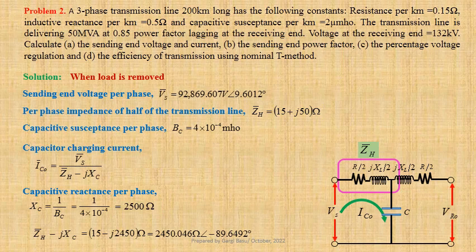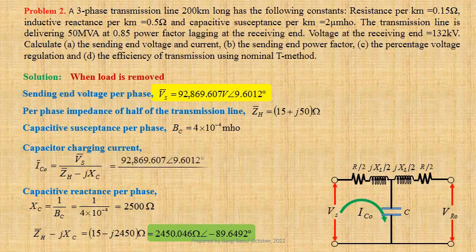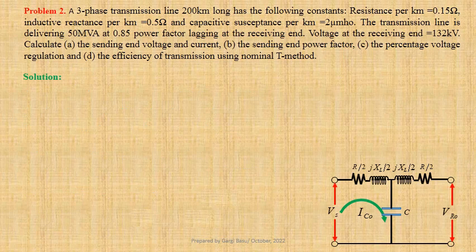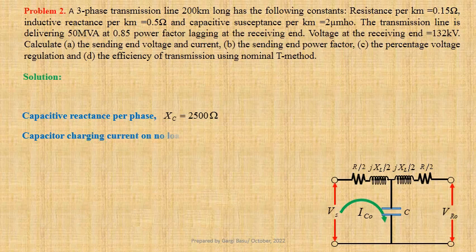Using values we get ICO equals to 92,869.607 at an angle 9.6012 degree divided by 2450.046 at an angle minus 89.6492 degree, that gives us 37.9 ampere at an angle 99.2504 degree.